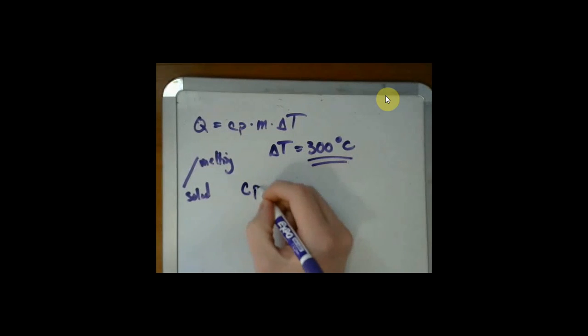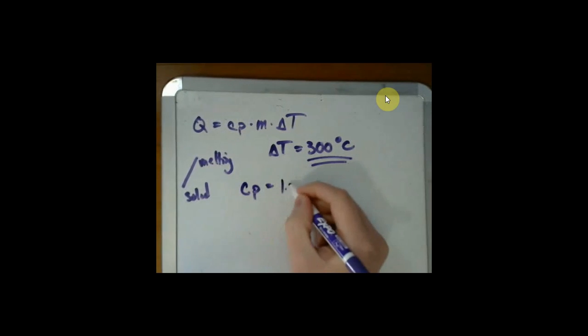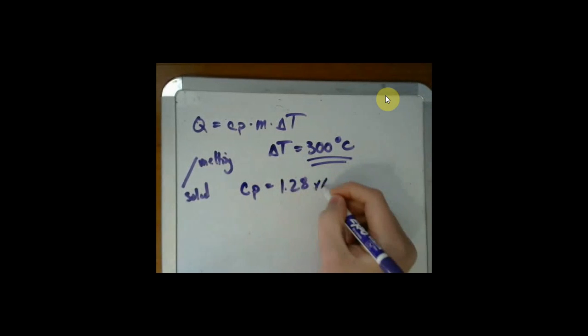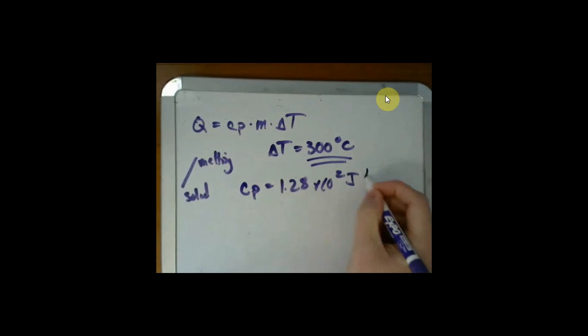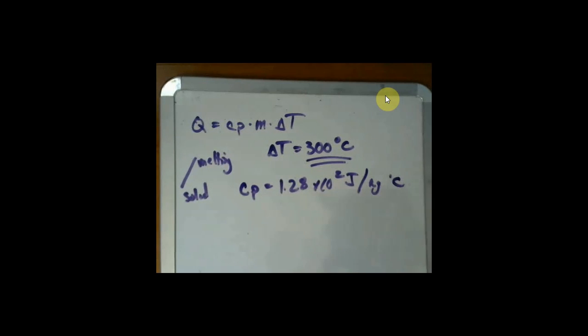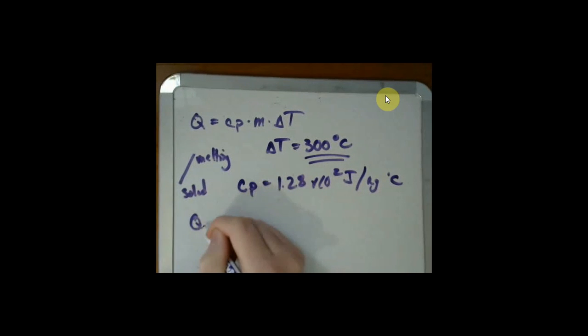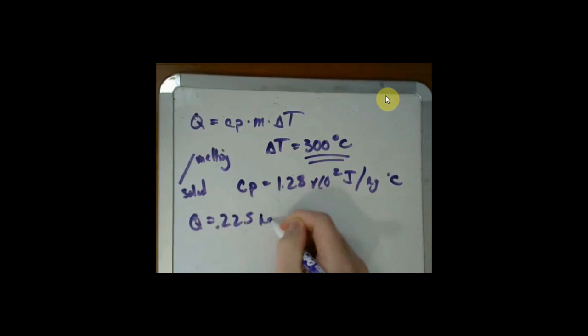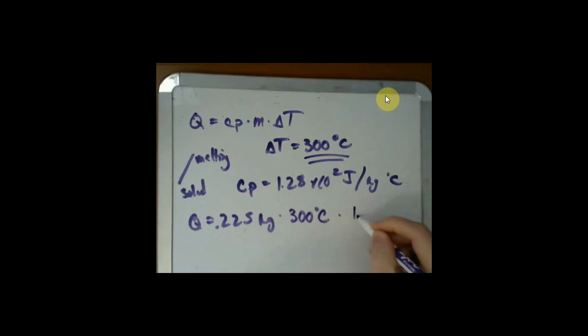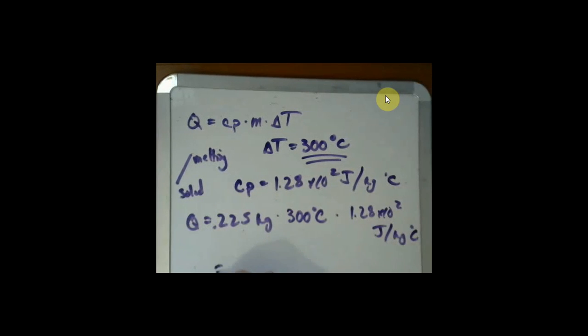So our Cp of lead equals 1.28 times 10 to the 2 joules per kilogram degrees C. So let's plug that in. Q equals 0.225 kilograms, 300 degrees C, 1.28 times 10 to the 2 joules per kilogram degrees C.